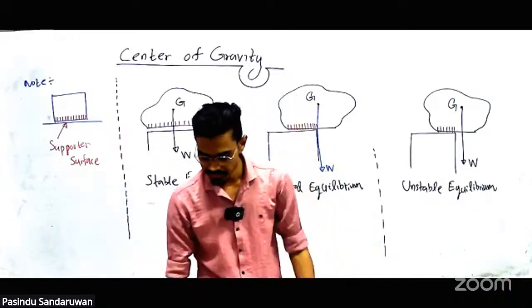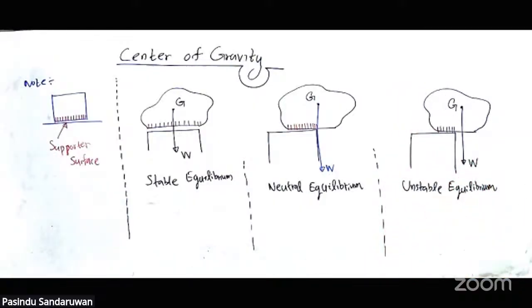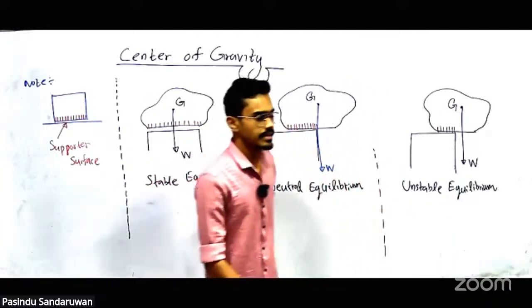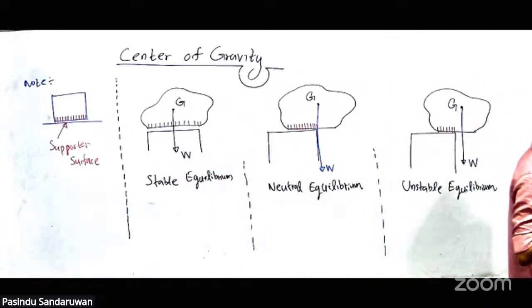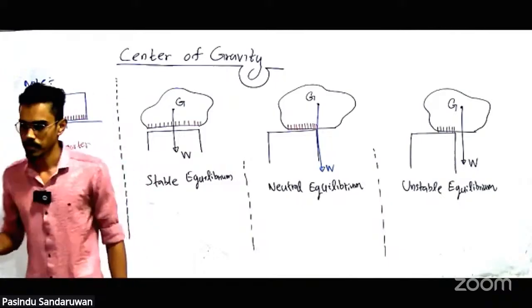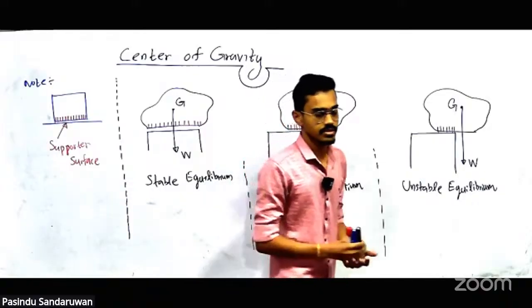So did you finish the second one? If the center of gravity, or acting line of weight, is at the edge of the supporter, it is called neutral equilibrium.